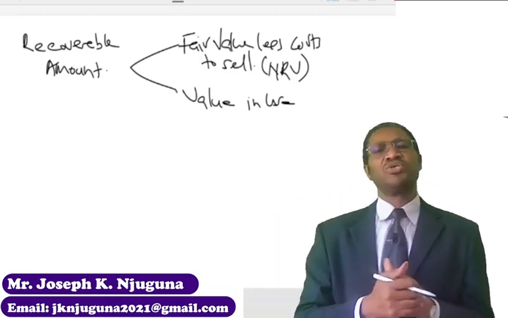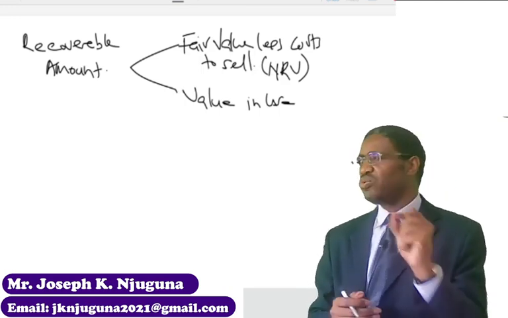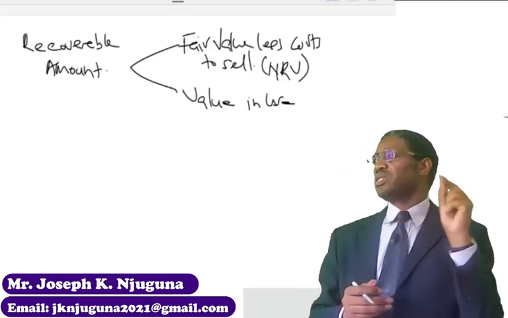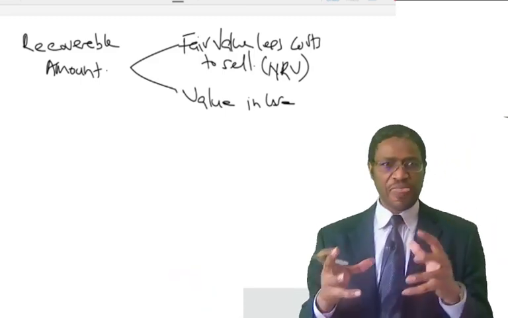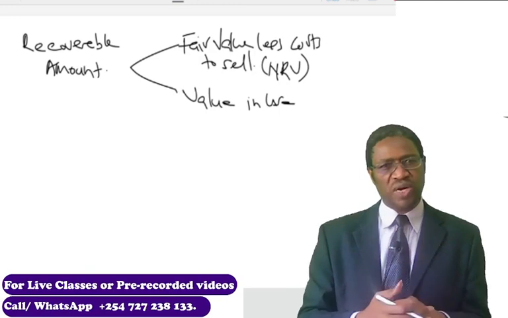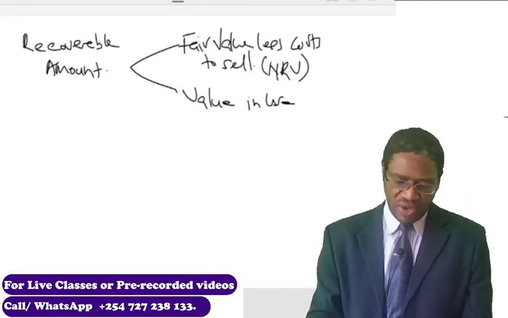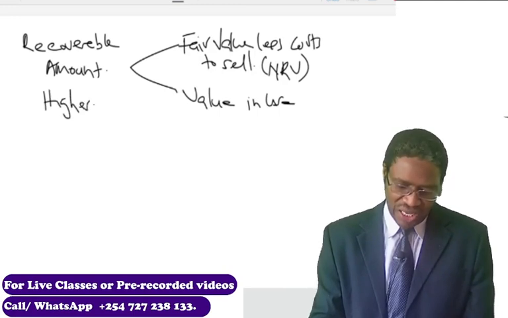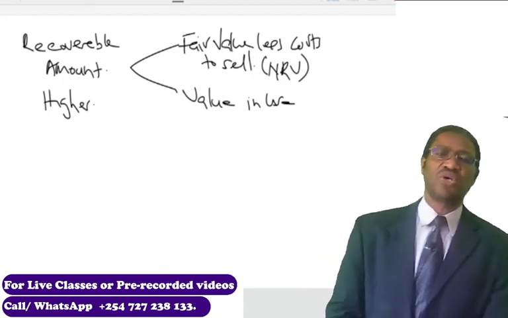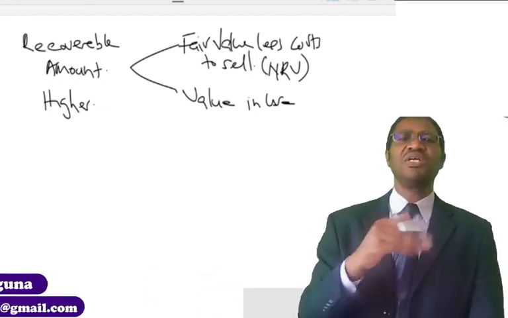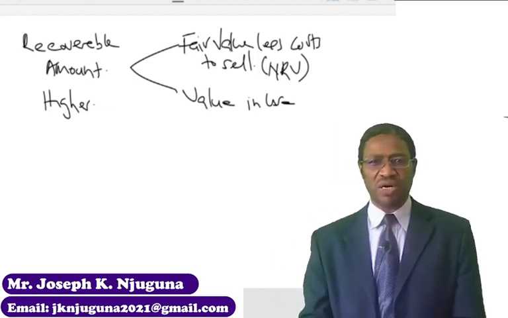One is the fair value less cost to sell. The second one is value in use. Once you compute those two values, whichever of the two is higher is what we consider to become the recoverable amount.